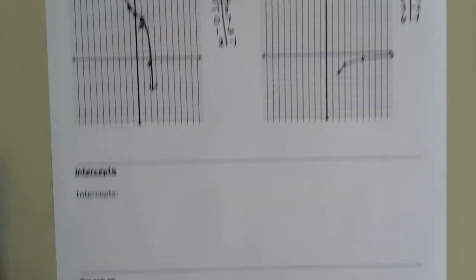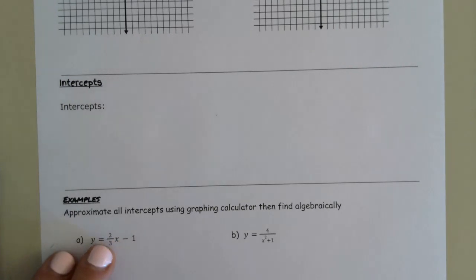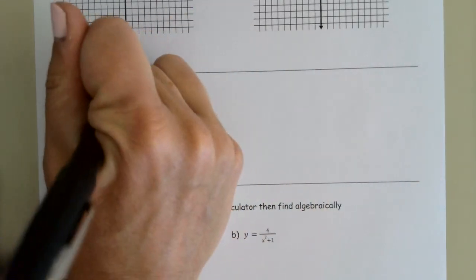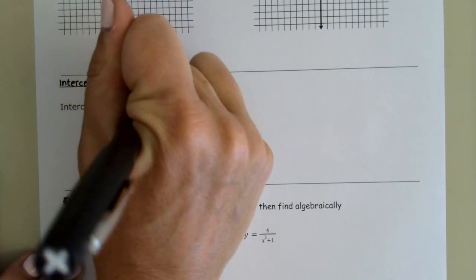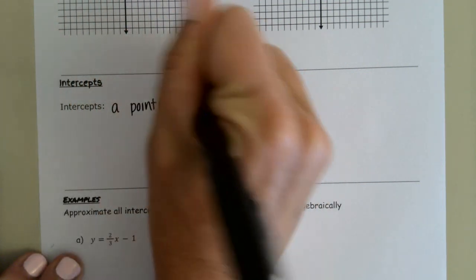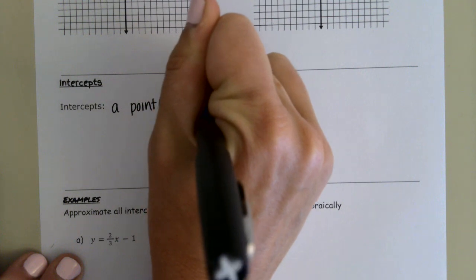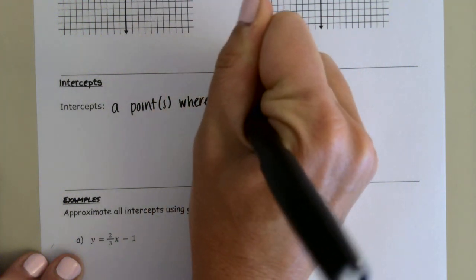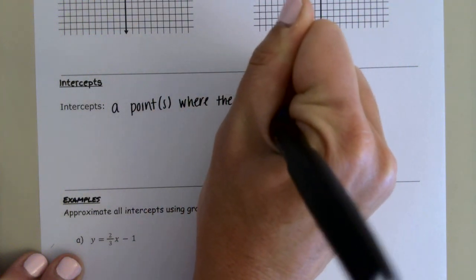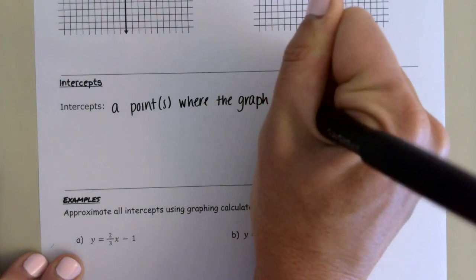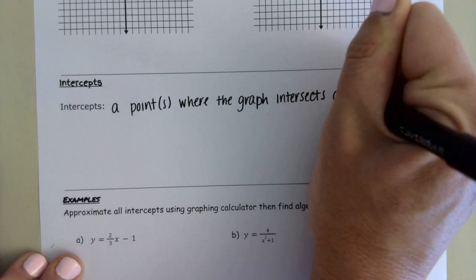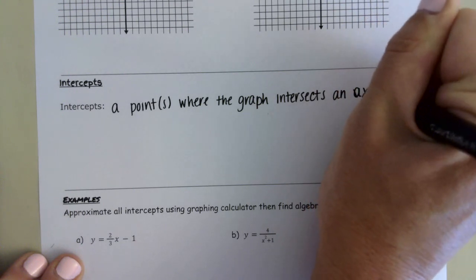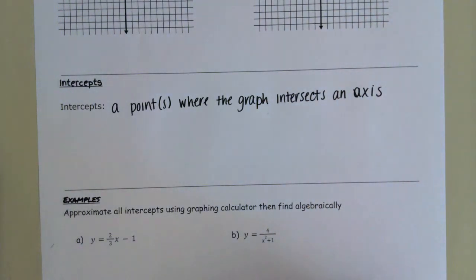Okay, last thing that we need to talk about today is our intercepts. Okay, our intercepts are a point or points where the graph intersects an axis. There are two intercepts.